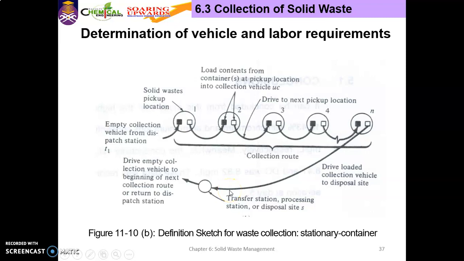Okay, so the container is not moving. It's at the container station. Only the waste is unloaded. That is for SCS.